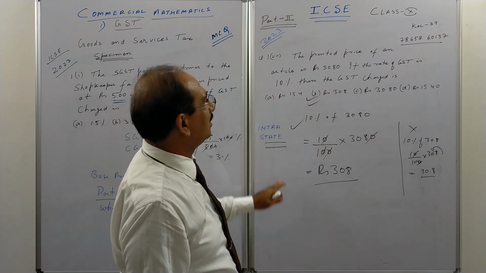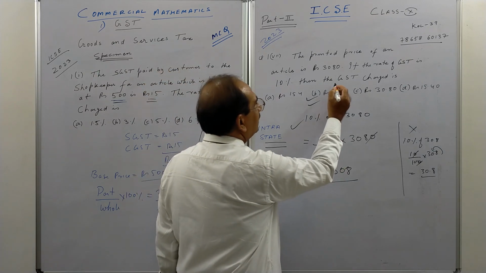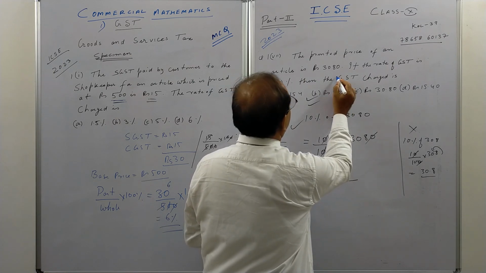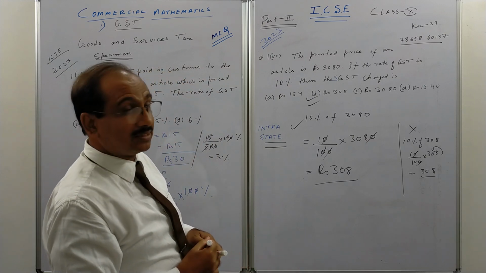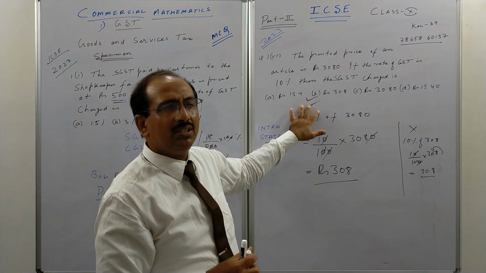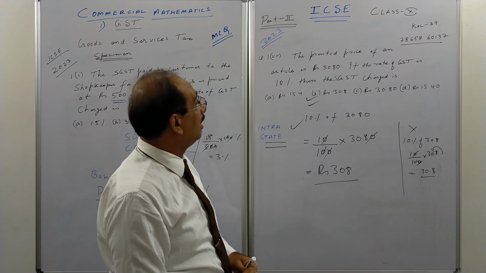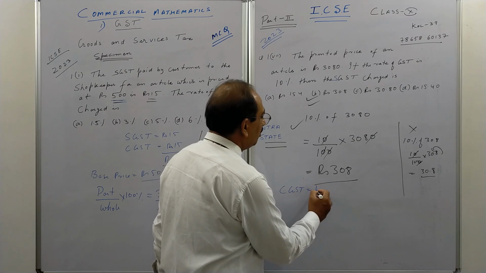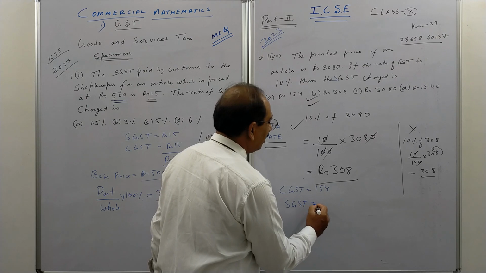Now the same question: if the printed price of an article is this and the rate of GST is this, then imagine the SGST is charged. If this is intra-state, within the state, as ICSE says, then out of 308, half of the money, CGST will be 154 and SGST will be half of this.